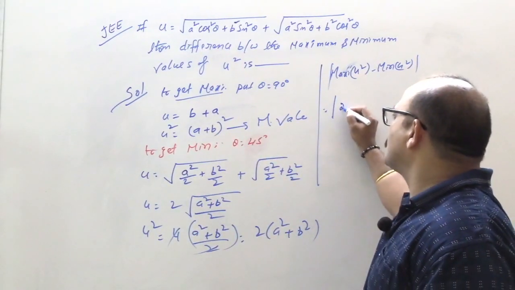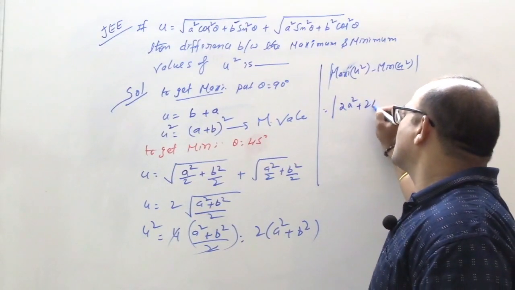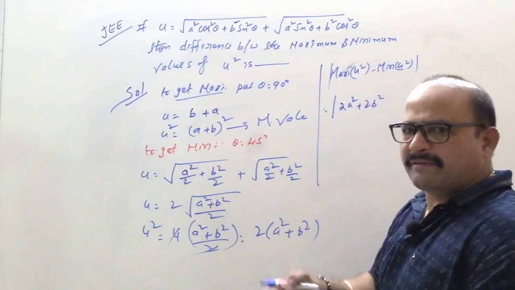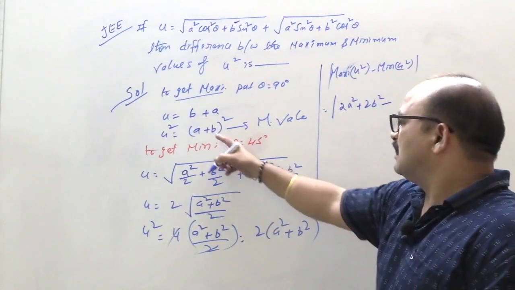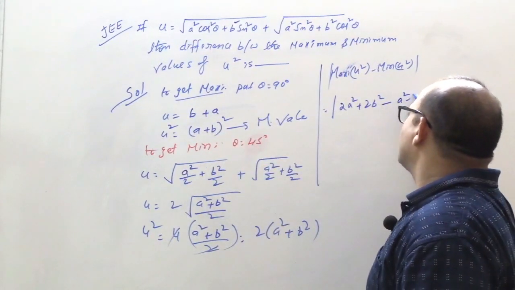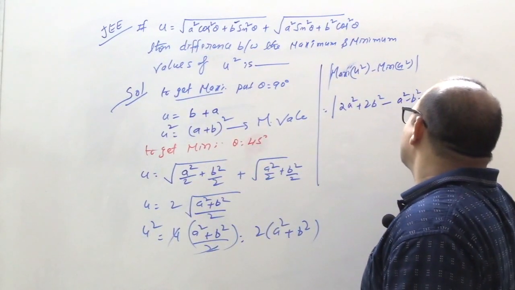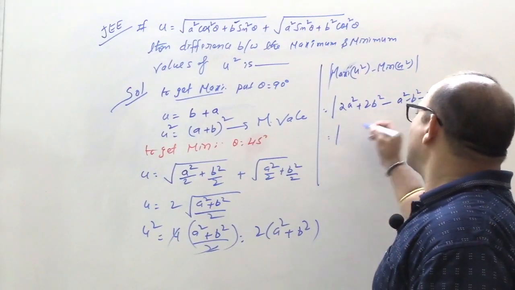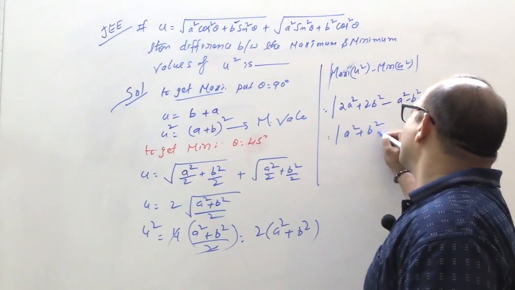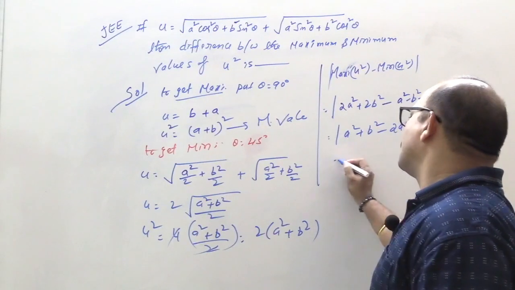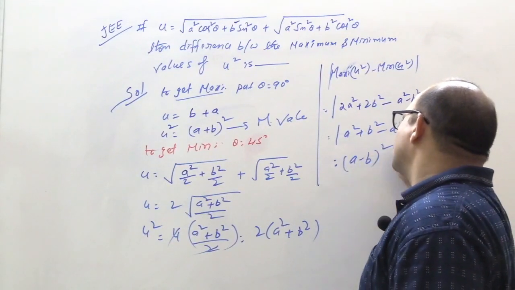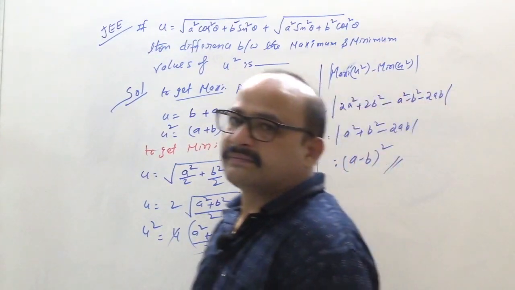Now 2 times a square plus b square, maximum or minimum, no problem. I am expanding minus a plus b whole square: a square plus b square minus 2ab. Now this can be written as a square plus b square minus 2ab. The total answer will come, a minus b whole square. This is the final answer.